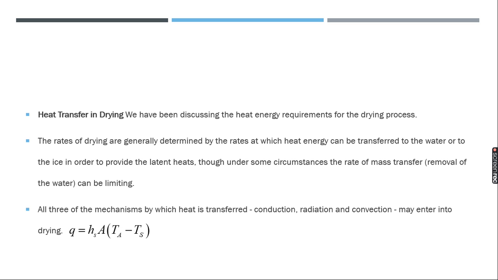And we all know, if I talk about the heat transfer process, it is often referred to as Q equals HS into A into (TA minus TS), where Q is the amount of heat transferred. A is the surface area. Increased surface area will allow more water molecules to be evaporated from the drying surface.